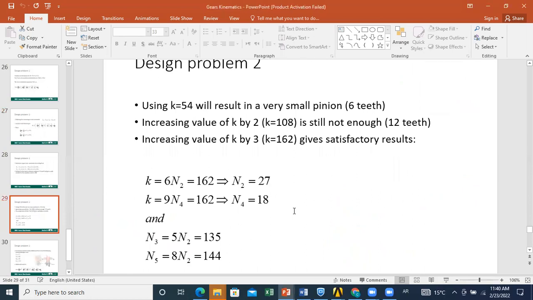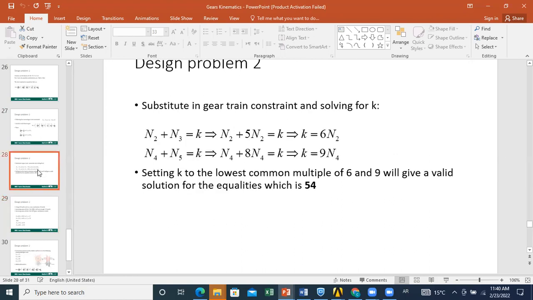So to start with, the first combination will give us the pinion. Oh, sorry, one second. Let us check it here. It's n2. k equals 6 n2 equals 54.